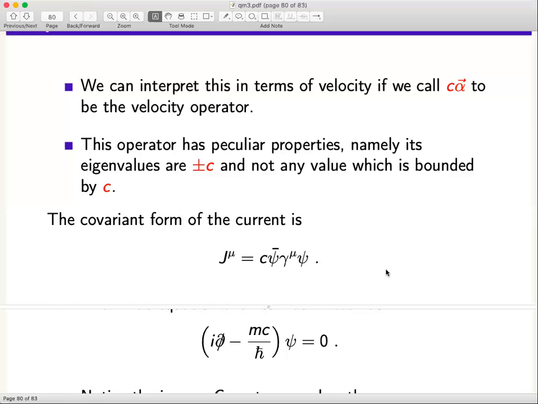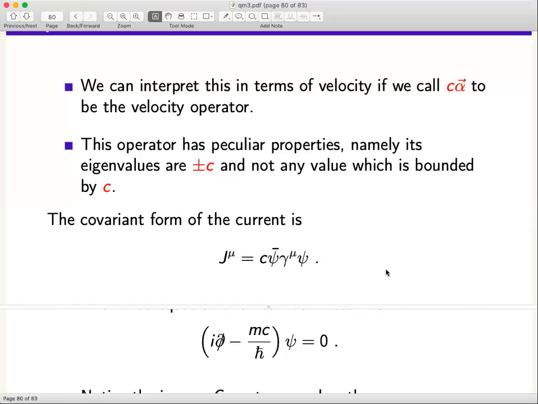If you write down the equation in this fashion, then you can convert the Schrodinger equation into a two-component equation. And when you look at this two-component equation, you find that the upper component is the Schrodinger wave function, and the lower component is the derivative of the Schrodinger wave function with respect to space.